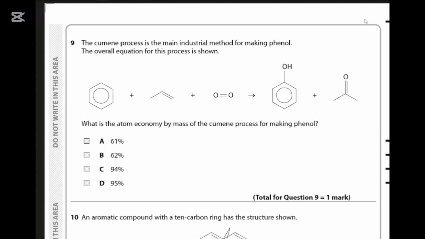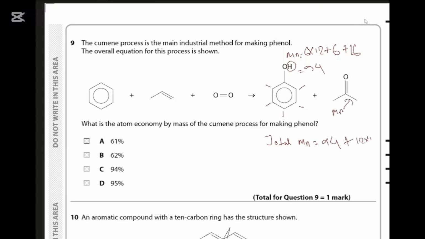Here we have 6 carbon atoms, so 6 times 12, plus 5 hydrogen atoms, and if we count this one, 6 hydrogen atoms, plus 16 for the oxygen, and in total this is the Mr of this product. 6 times 12 plus 6 plus 16 comes to 94, and the total Mr would be this 94 plus the Mr of this substance.